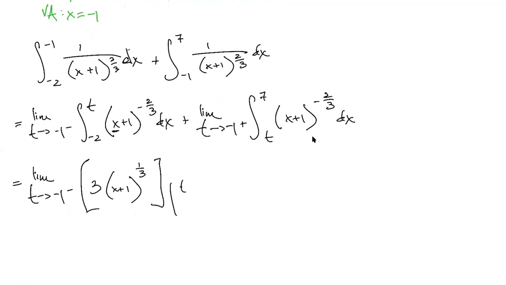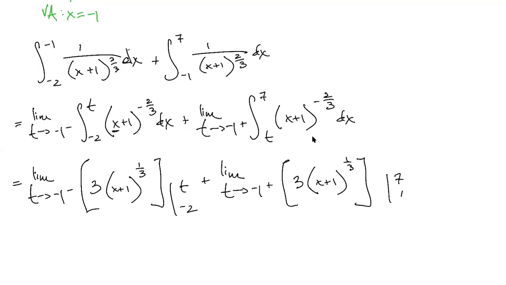And I'm going to plug in t and -2. And I'll do the same thing over here, except I'm approaching t from the other side. I'll get 3 times (x+1) to the 1/3 and plug in 7 and t.